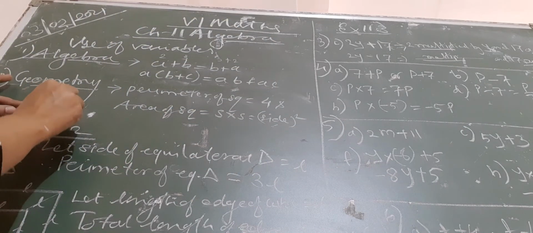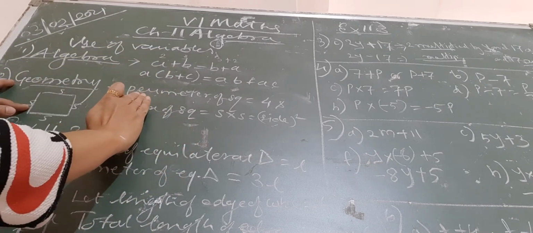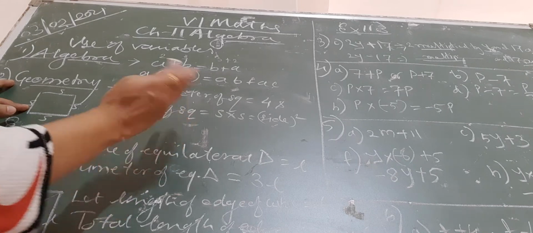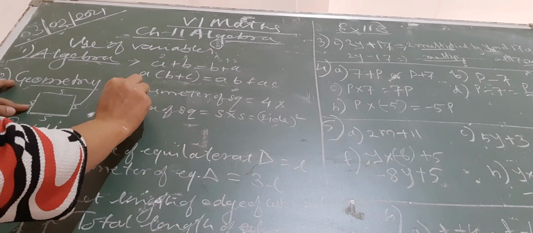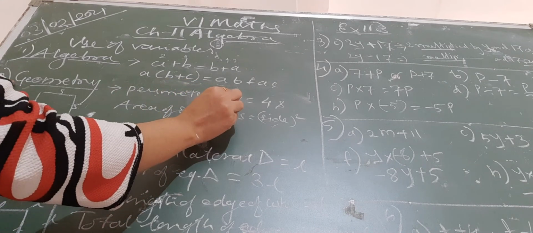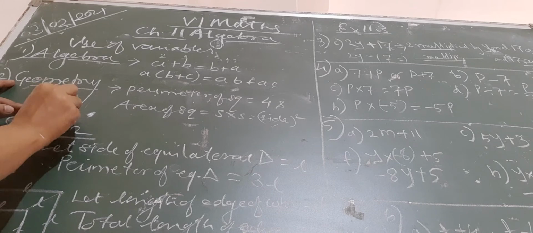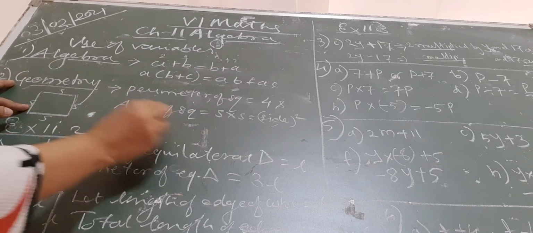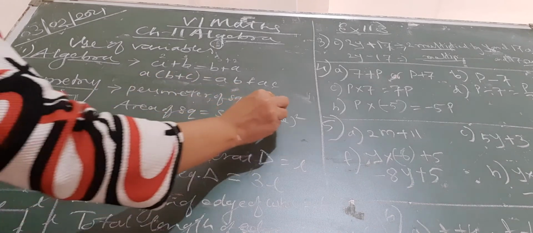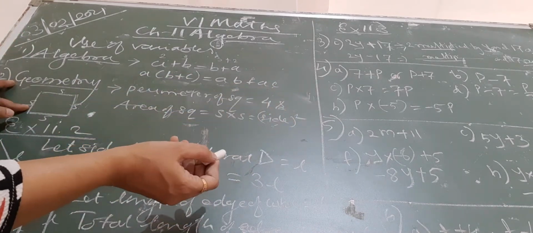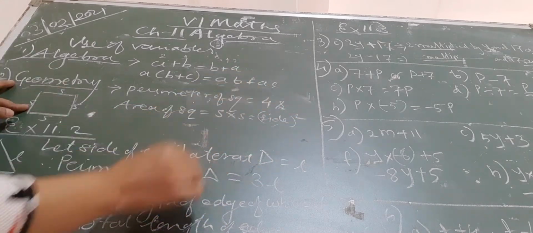The value of S is varying, and according to that the perimeter or the area of the square will be different. We represent the perimeter of a square as the sum of all the sides, s plus s plus s plus s, so s is added 4 times, that is 4 times s. S is the side of a square; it can be anything, it is varying, and hence s is a variable here.